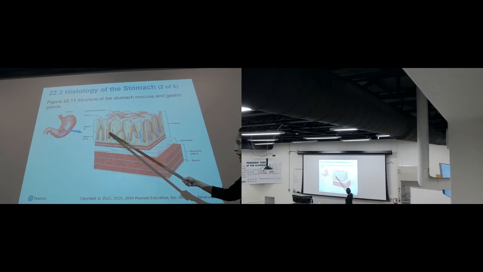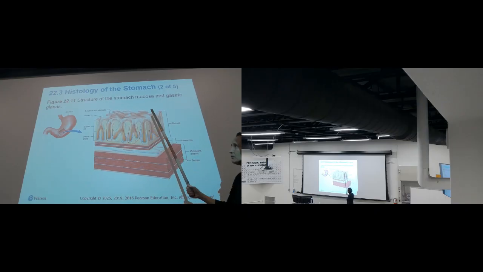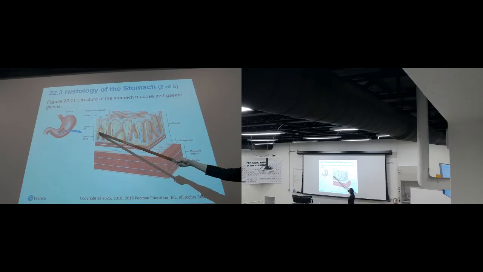And within the gastric glands, we have different cells, and also within the gastric pits. In the gastric pits, mostly we have mucus cells that secrete mucus into the epithelium of the stomach to protect it from its own acids, so that you don't have auto-digestion of the stomach. So we will see later on what these specific cells are and what they do.